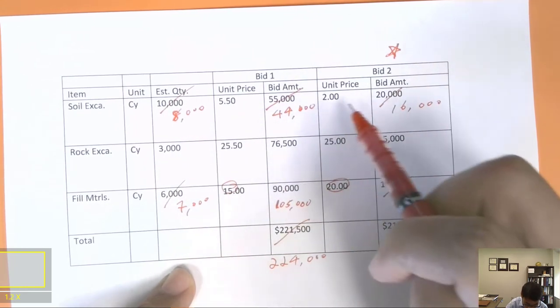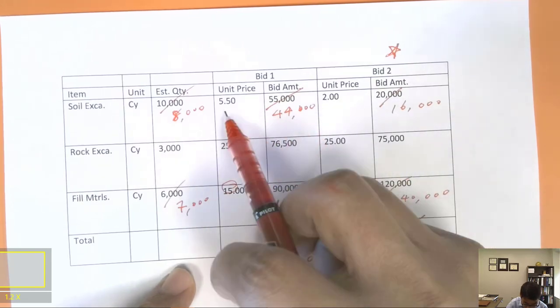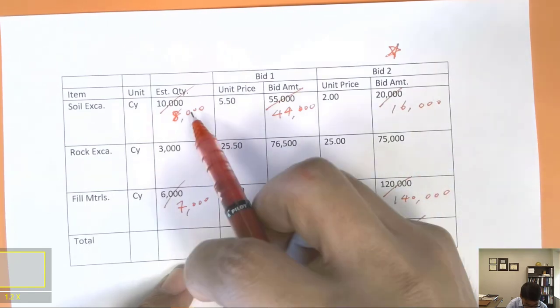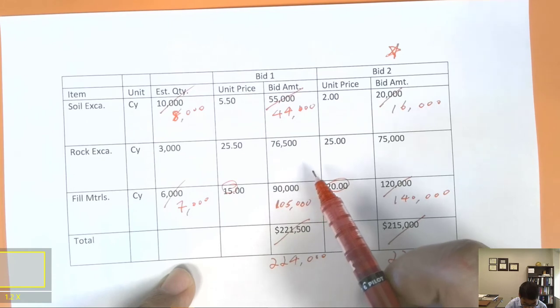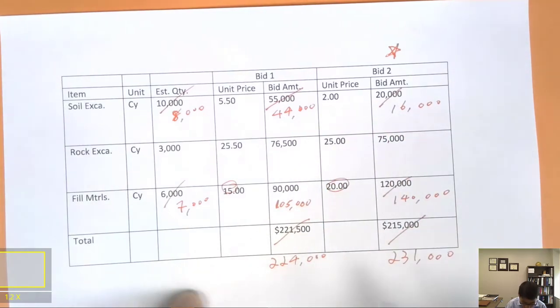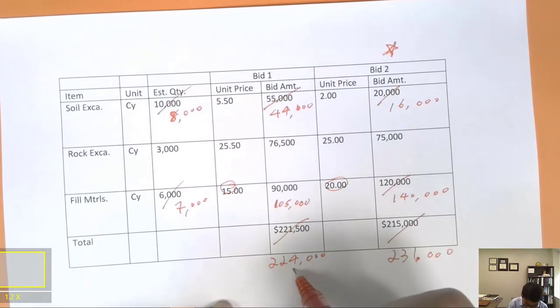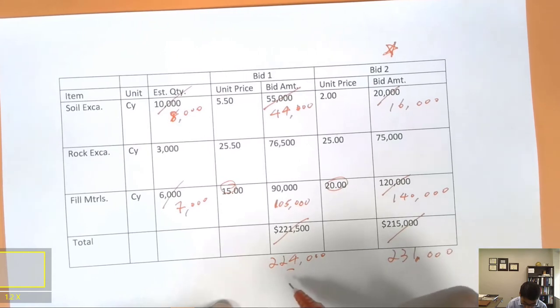But for this one, they intentionally lower the price, so the price is only about $3.5 per cubic yard, but the decrease of the quantity is not much in terms of the total amount, right? So that means if you select bid 1, potentially you could save about $7,000 or so for the owner.